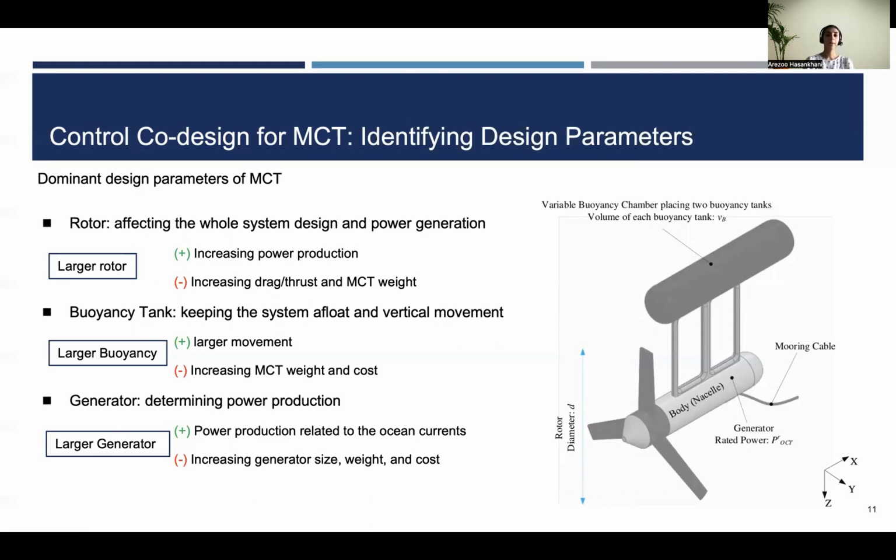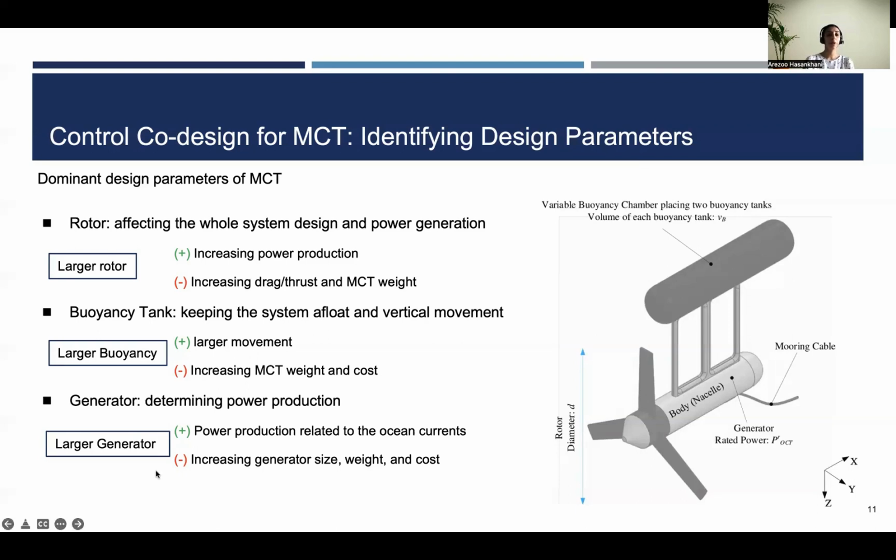By having a larger rotor, we can increase the power production from our system, but it also increases the forces and MCT weight. The second design parameter is buoyancy tank, which keeps the system afloat and also impacts its vertical movement. So by having a larger buoyancy, we can increase the range of movement for our system, but it also increases the MCT weight and cost.